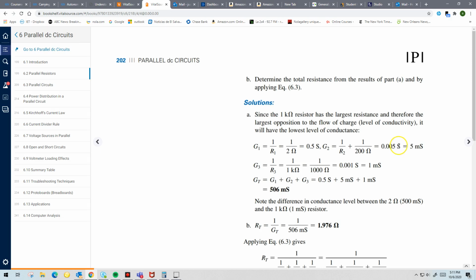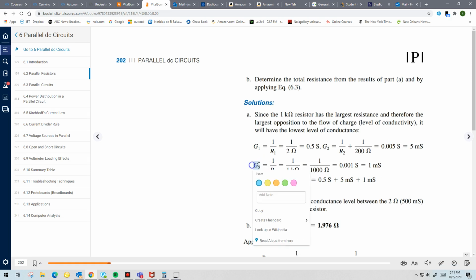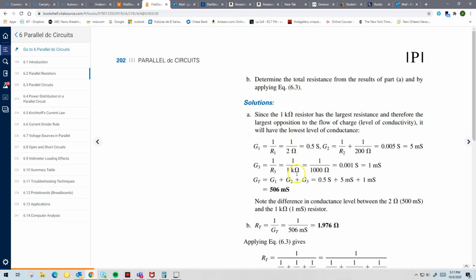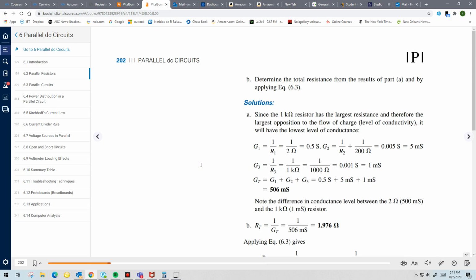So the conductance for R2 is 5 millisiemens, and the conductance for R3 is 1 over R3, 1 over 1K, or 1 millisiemens. So the one with the least conductance, which is the 1 millisiemens, corresponds with the one with the largest resistance.